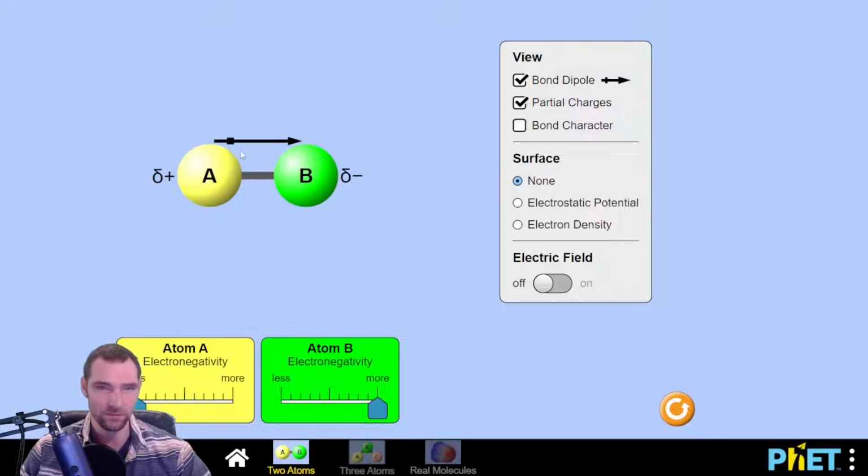So if you see a symbol like this arrow on the top and the bottom, that usually is used to show that something is polar. And if you've got a bigger difference in electronegativity, things will be more polar. So like fluorine and chlorine, they tend to be pretty polar when they are in compounds, when they're bound to other things. So you can change this stuff. And also if I make the A more electronegative, then you can see that it's got more of that negative charge on it.